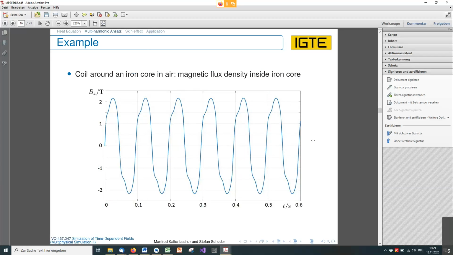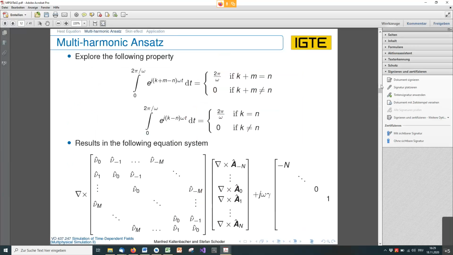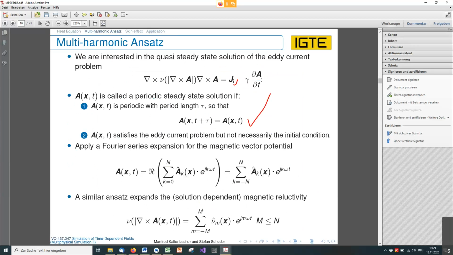So we have already seen the PDE in time domain. And the problem is that this can be numerically quite an effort to solve due to the nonlinearity.